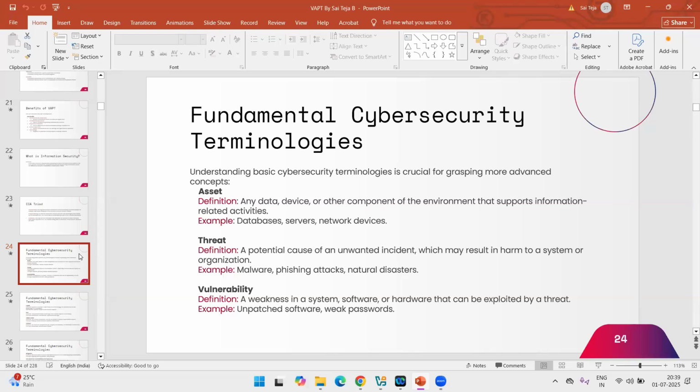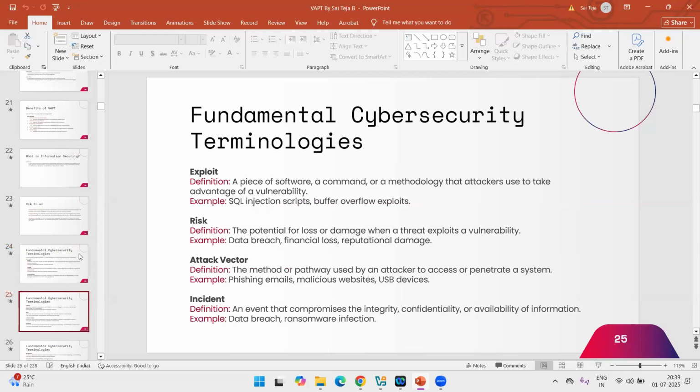It could be some unpatched software or the use of weak passwords. All these weaknesses we call vulnerabilities.